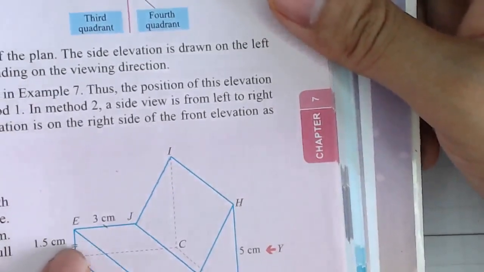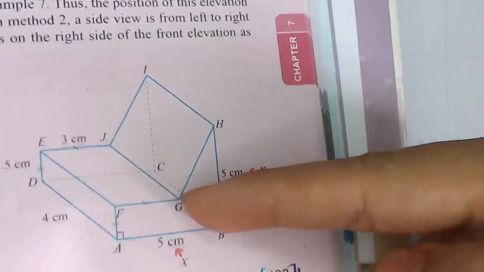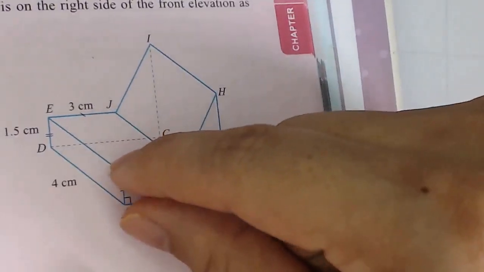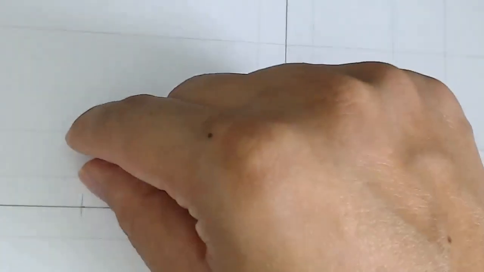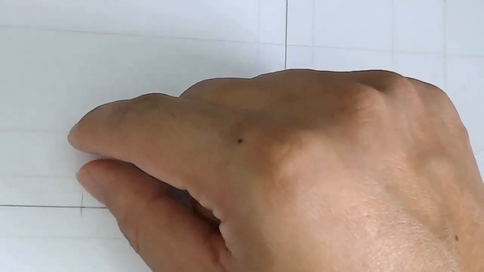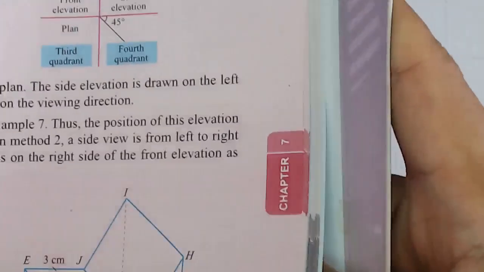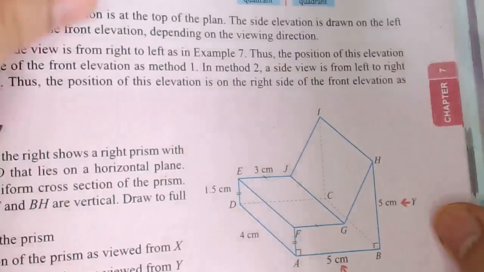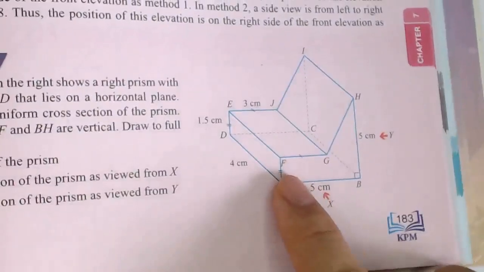The height is 1.5 centimeter. If we look on this side, this height is 1.5, which we also got already. We bring the measurement to the next quadrant here, 1.5. So the idea is we don't have to measure 2 times, 3 times, and so on.